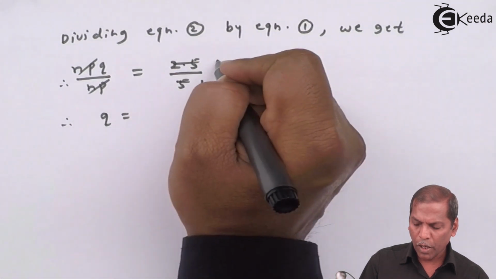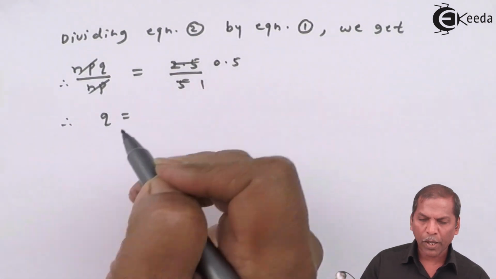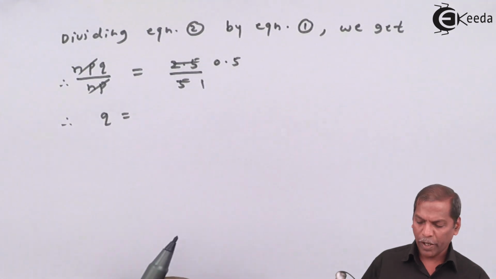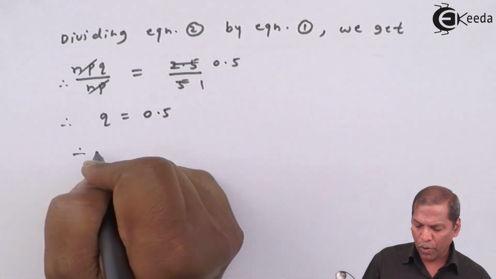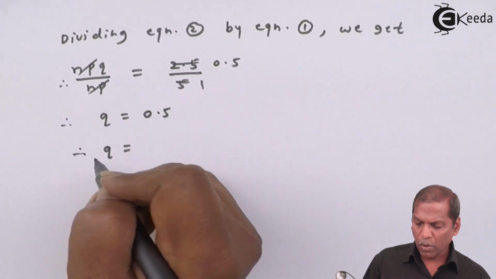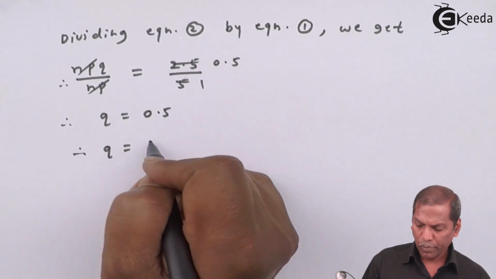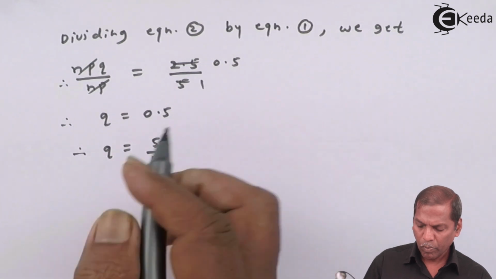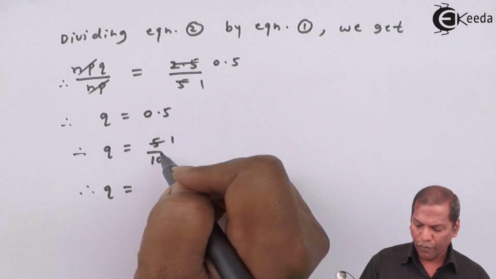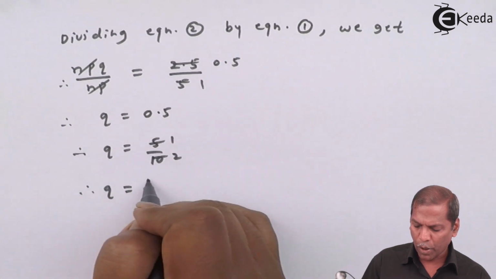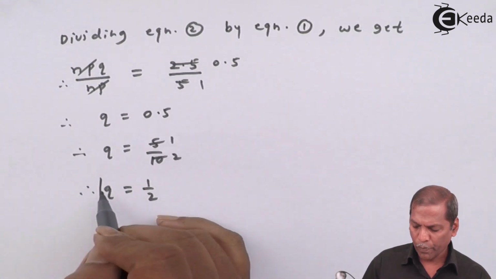5 ones are 5 and 5 fives are 25. So we get Q equal to 5 upon 10, that on cancellation we get 1 by 2.